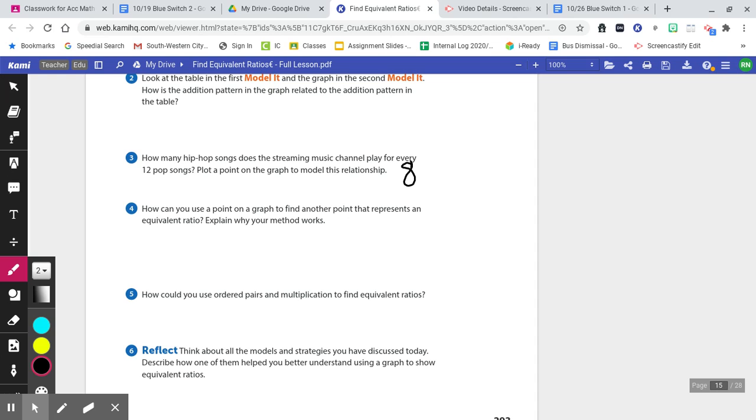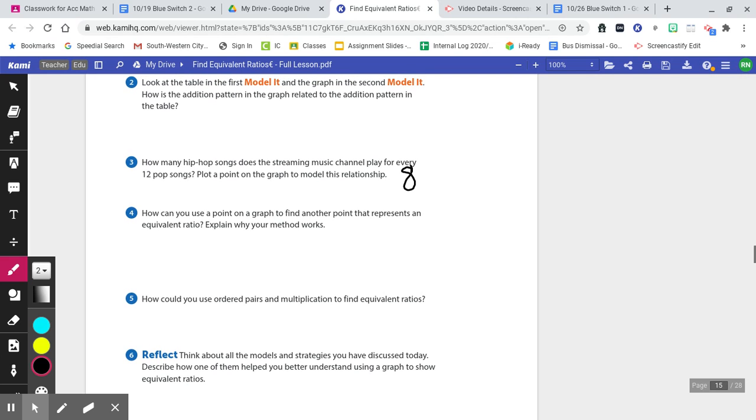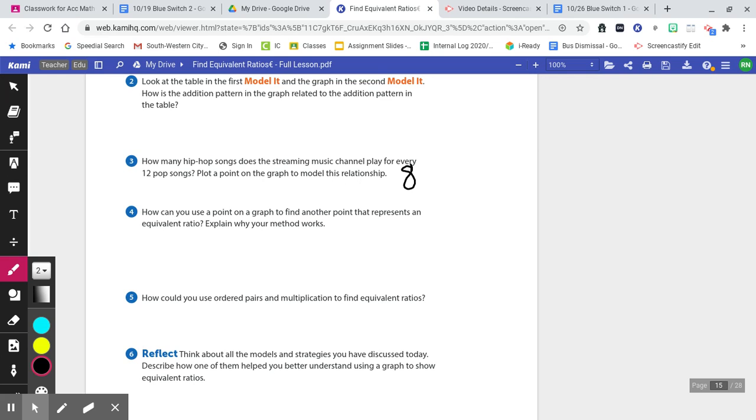How could I look at that graph and figure out something that they haven't already told me? Why don't you take a minute and write that down? You could start at the point, move right the same number of units as the x-coordinate, and up the same number of units as the y-coordinate. This is the same as combining 2 equal groups of the quantity and the ratio.